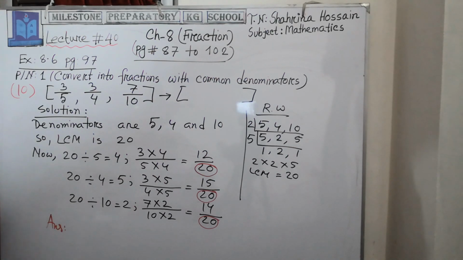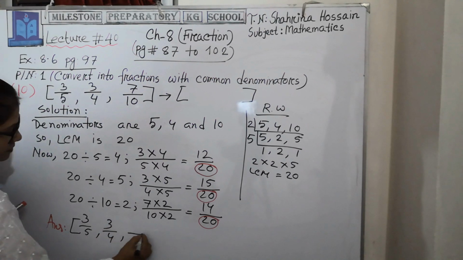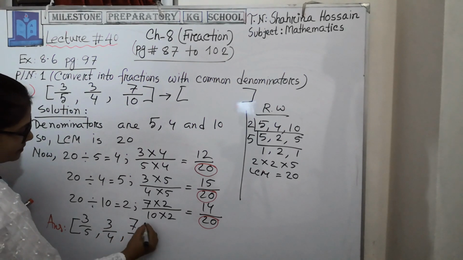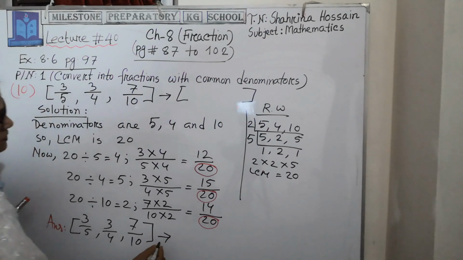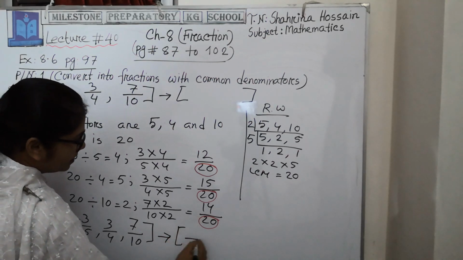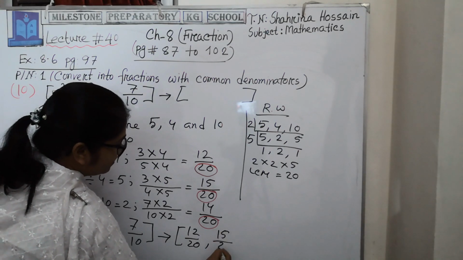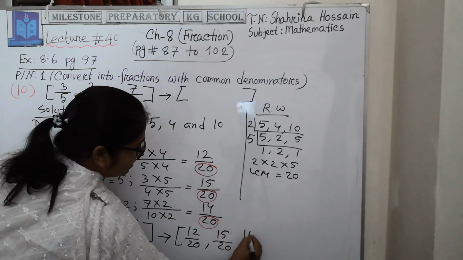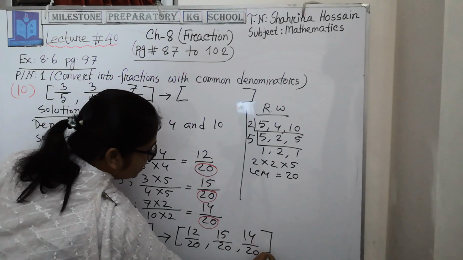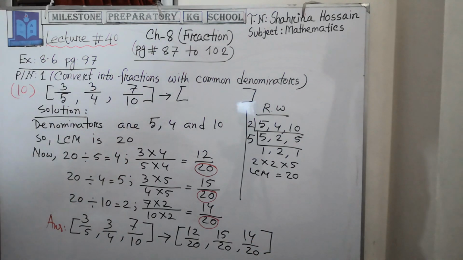So now our answer is: 3 by 5, 3 by 4, 7 by 10, then 12 by 20, 15 by 20, 14 by 20. Done. I hope you can do this math easily.